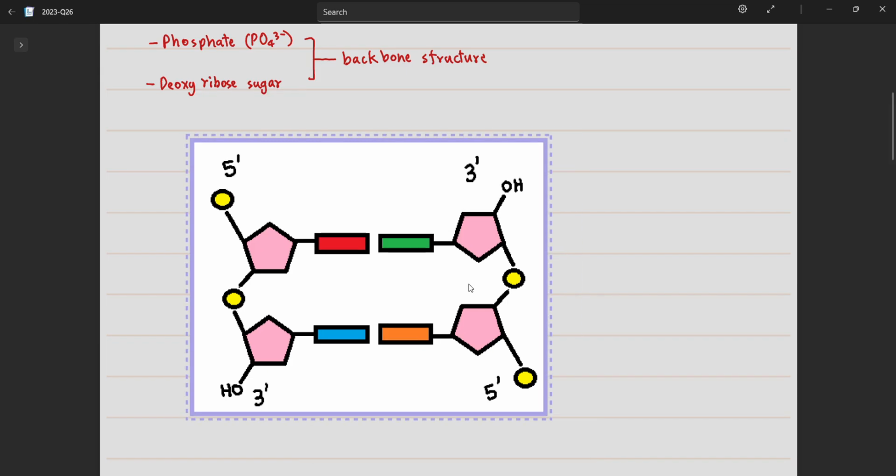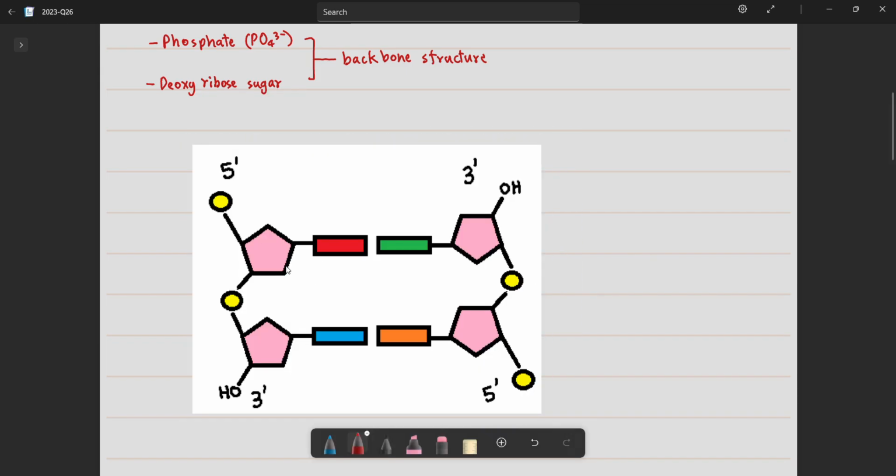This one is a deoxyribose sugar, which I'm going to mention as DR as a short form, and this one is the phosphate group, which I'm going to mention as P, and these ones are the bases. So let's say this one is an adenine, this is a thymine, this is cytosine, this is guanine.